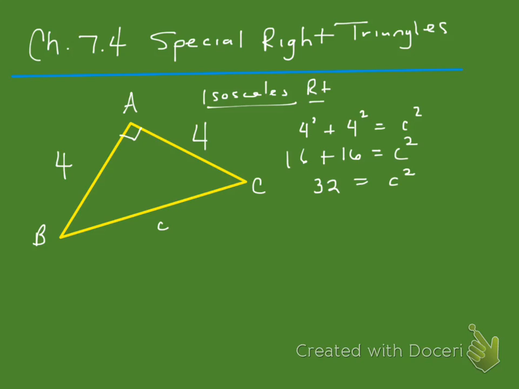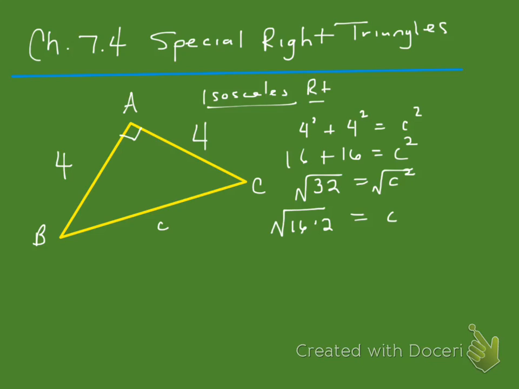If I want to solve for c, I need to take the square root of 32. If I simplify this radical, and just as a review of that, because I know some of you struggled with this on the quiz, I'm going to have 16 times 2, which equals c squared. I'm sorry, c. If I continue to simplify the radical, I take out what I can.